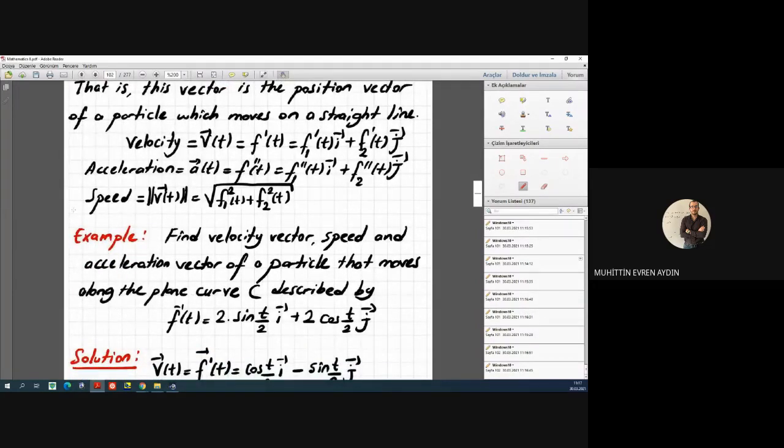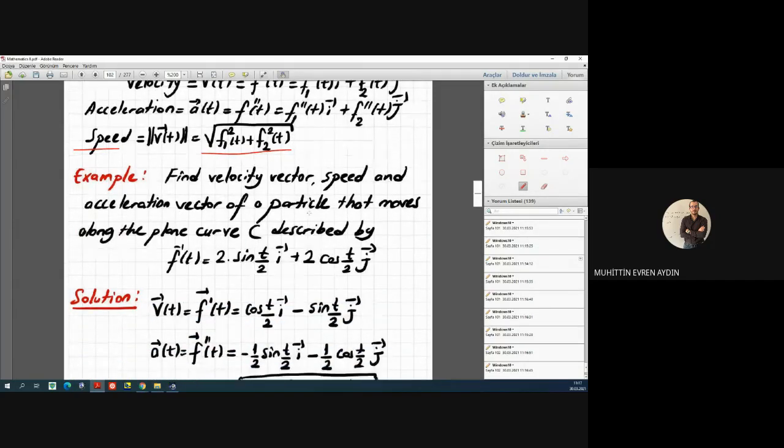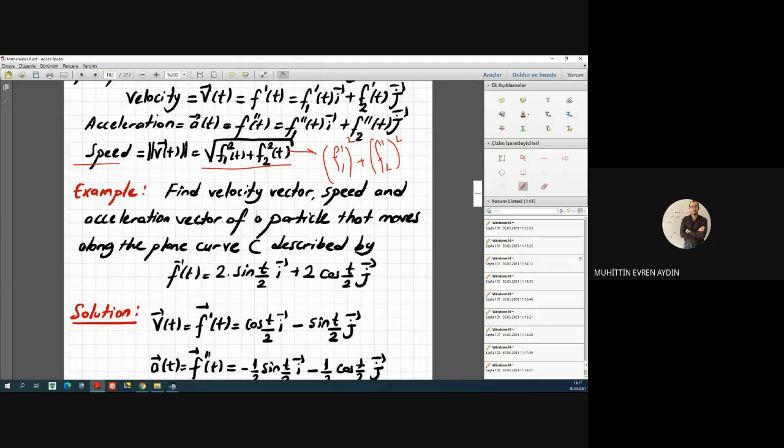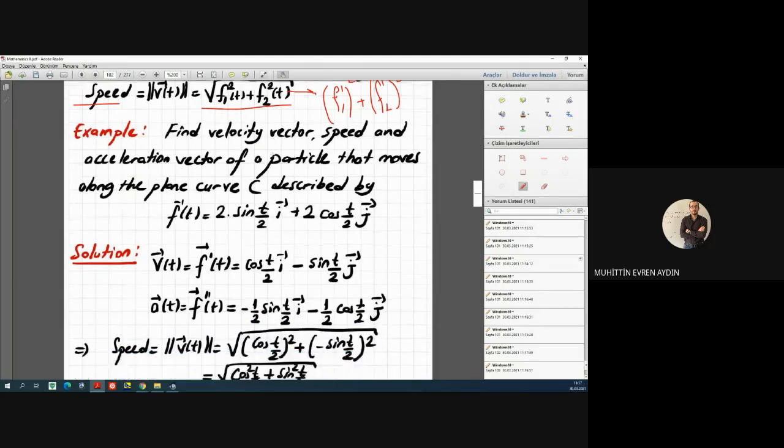And by the notion of speed, we understand the norm of the first derivative. By the way, here should be the square root of f1 derivative square plus f2 derivative square.